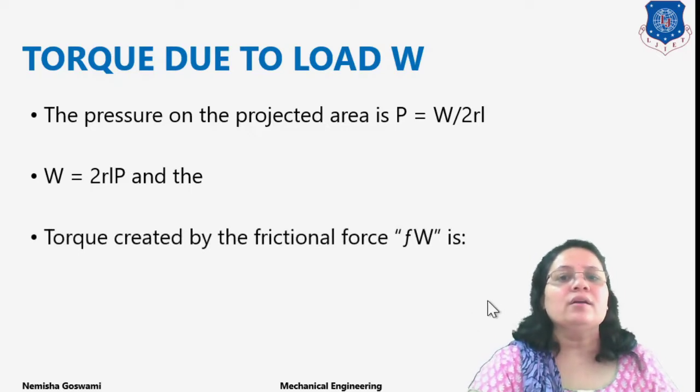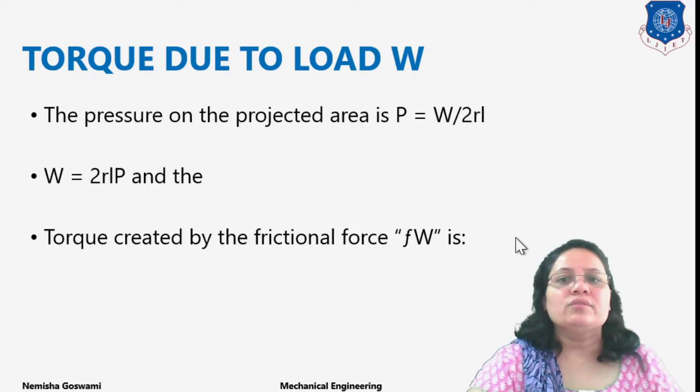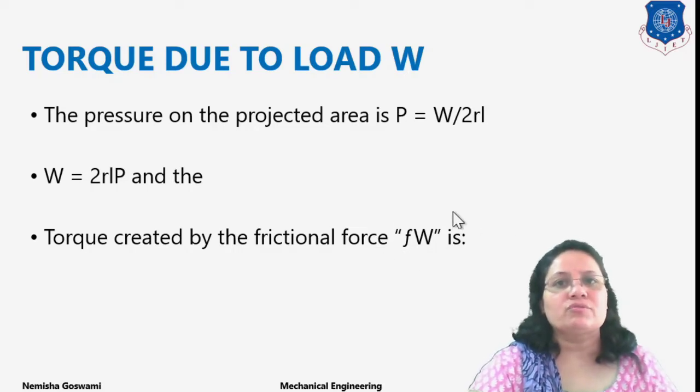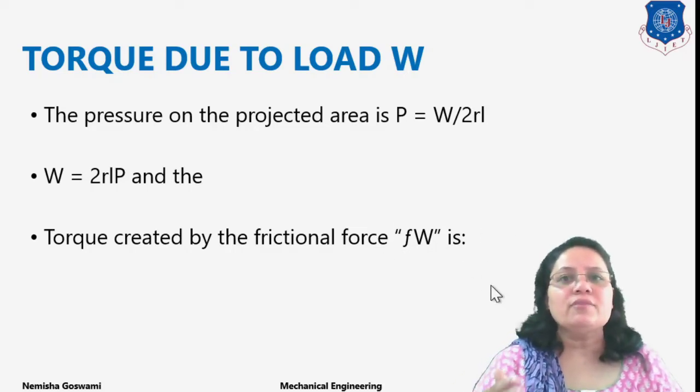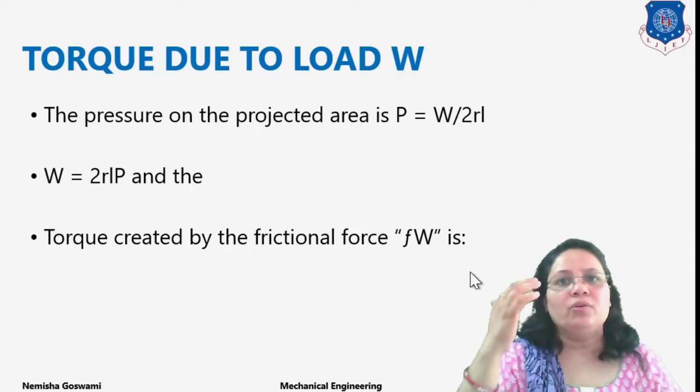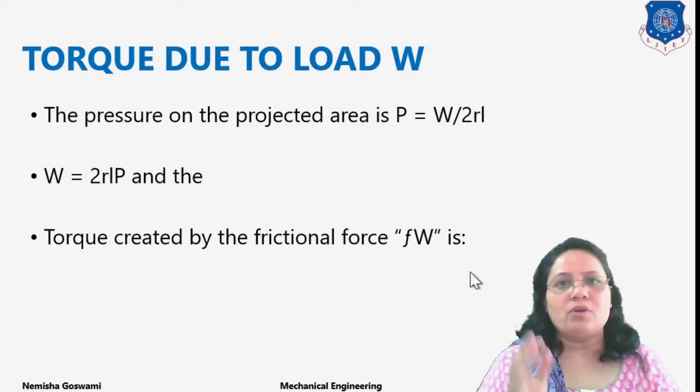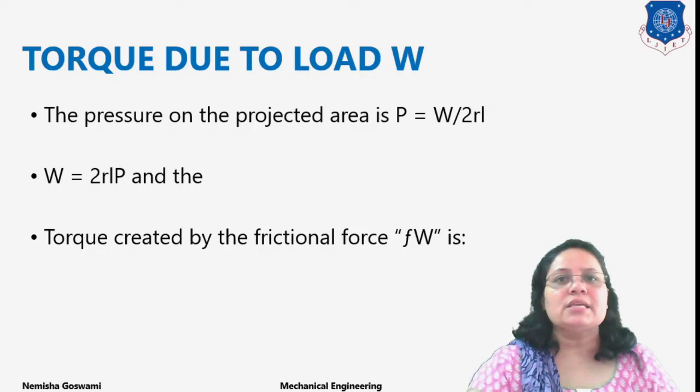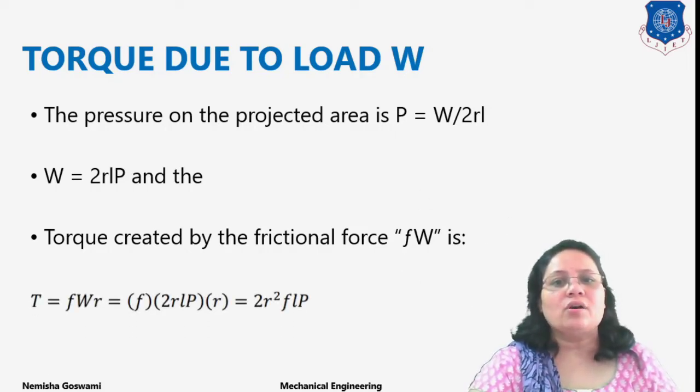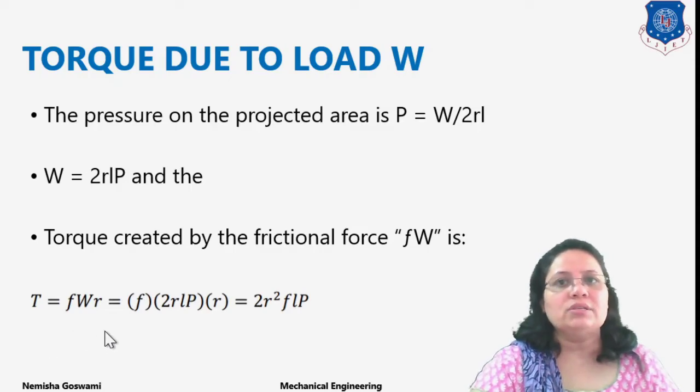And what is the torque? Torque due to load, due to friction, is equal to the frictional force. So what should be the frictional force? Frictional force is equal to whatever amount of load is applied multiplied by your coefficient of friction. So by using this equation, you can find out the frictional force. Now what is the torque? Torque is again force into radius, right?